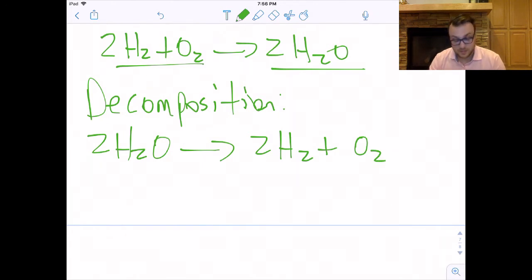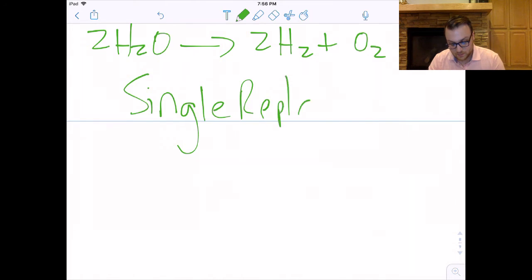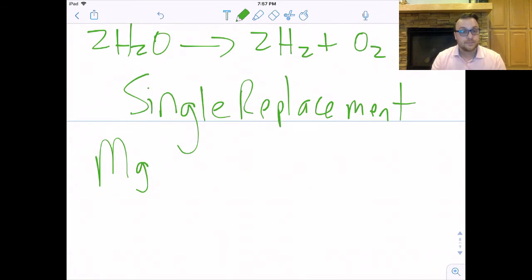Single replacement. Single replacement will always involve an atom by itself reacting with a compound. So, for example, you might have a single lonely Mg reacting with, let's say, hydrochloric acid.